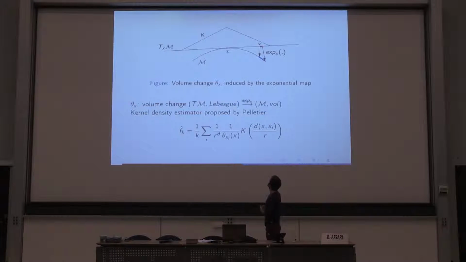And you need to take into account the volume change induced by the exponential application going from a tangent plane to the manifold. And once you have computed this volume change, you can build another kernel density estimator, which was first proposed by Pelletier on more general manifolds.